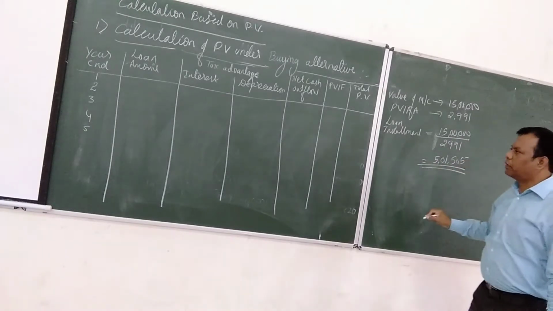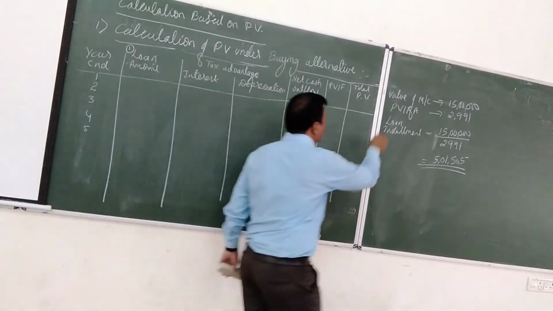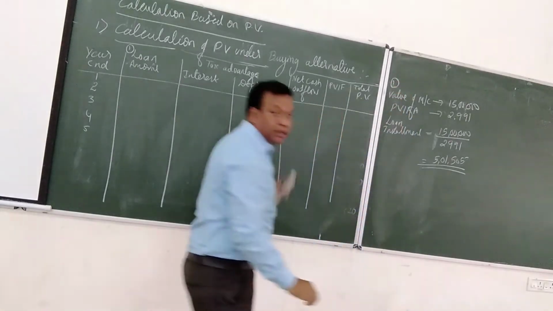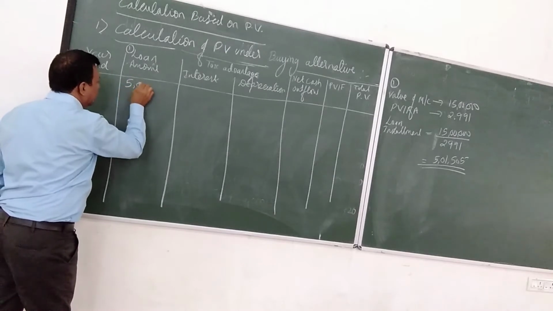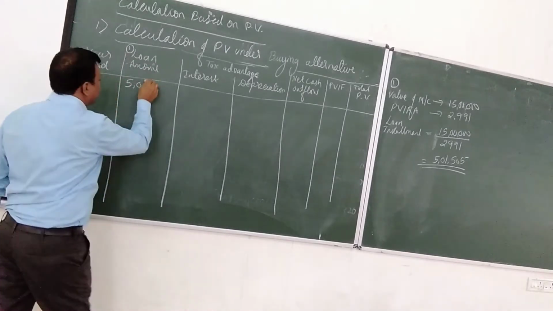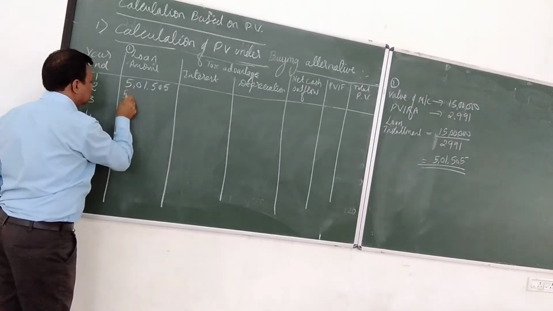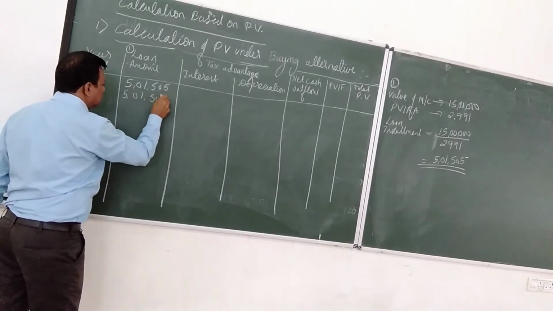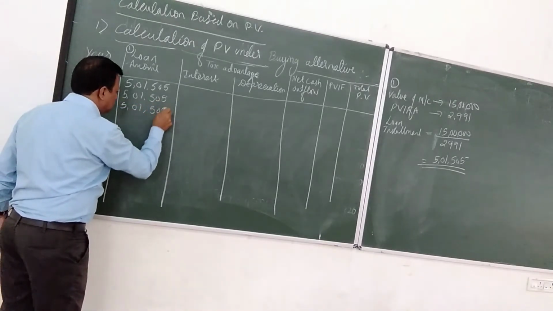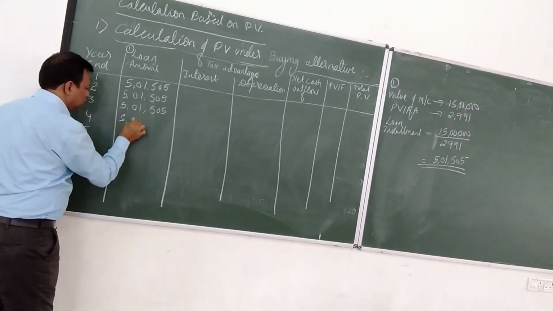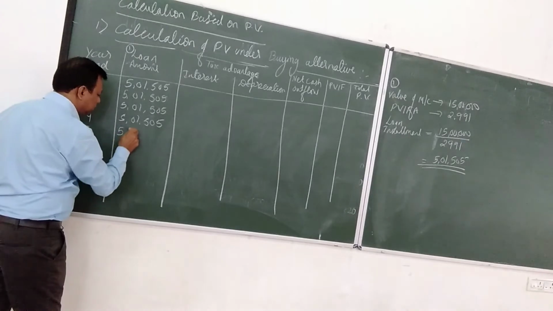This is the loan amount. I write here loan amount for 1, and here also write 1, so you can have the calculation. I write it for all the 5 years. The loan amount will remain the same, right?